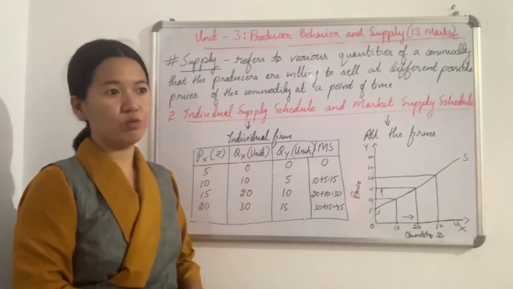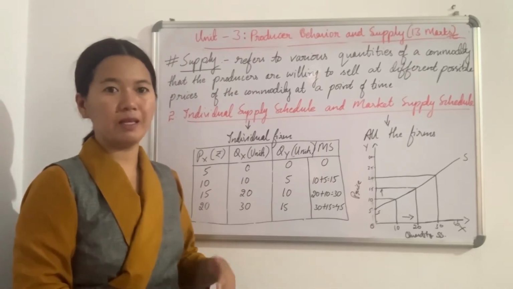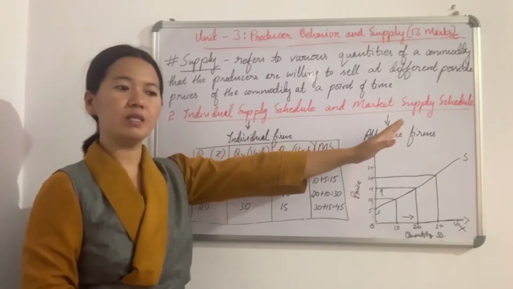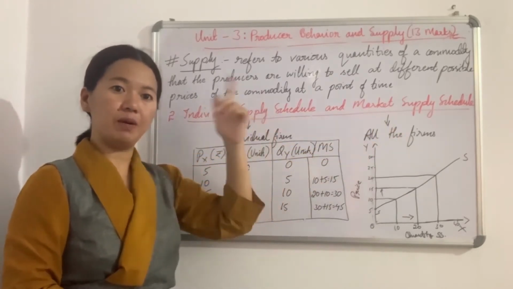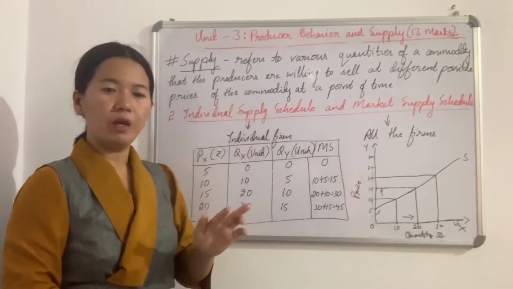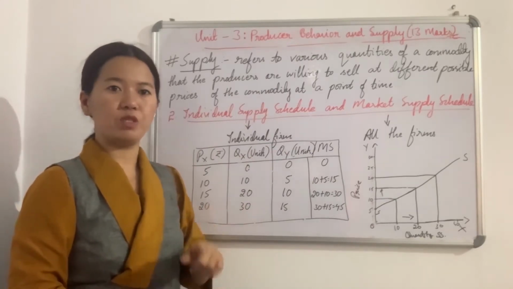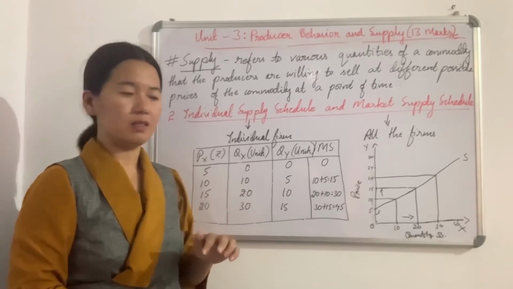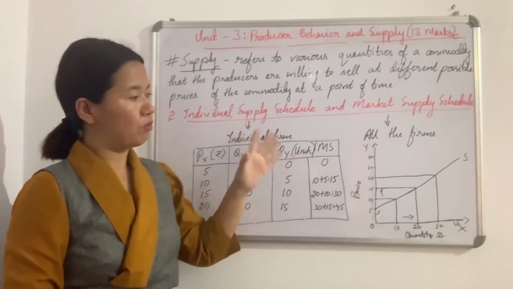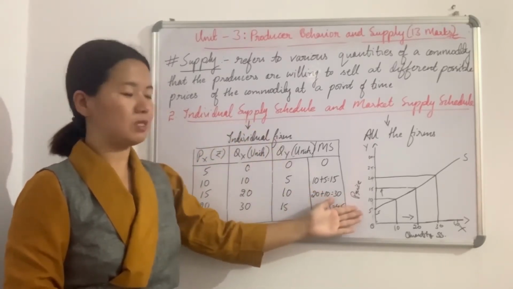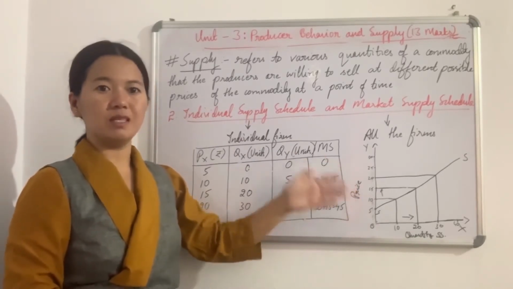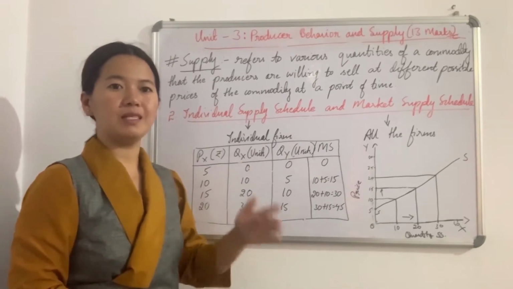And if we go through a supply slope or supply curve, it is an upward slope. And to remind you all, the demand curve was a downward slope because of the inverse relationship between price and demand. When the price increased, demand decreased, right? So the supply concept is completely opposite, because in the supply concept there is a direct relationship between price and supply.